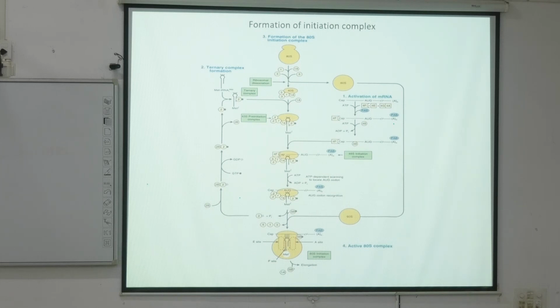When they meet, they form 4F. This is the cap region, which is downstream or upstream? Upstream to the start codon.